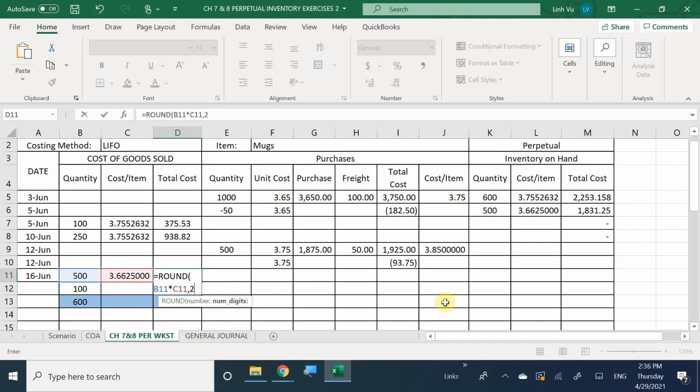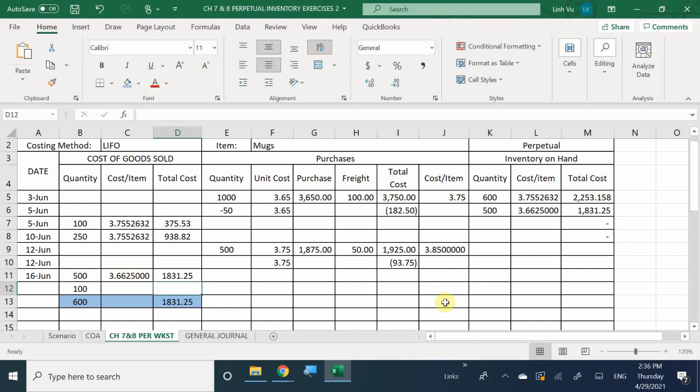To be consistent, I'll add my formula here, and you should get the same amount, 1831.25. Now, you can do this as you go as well. Since I know I'm going to clear this out, I can go over here and zero out that account, and it zeroes out my total amount there as well. So there, my last batch that I purchased is gone.